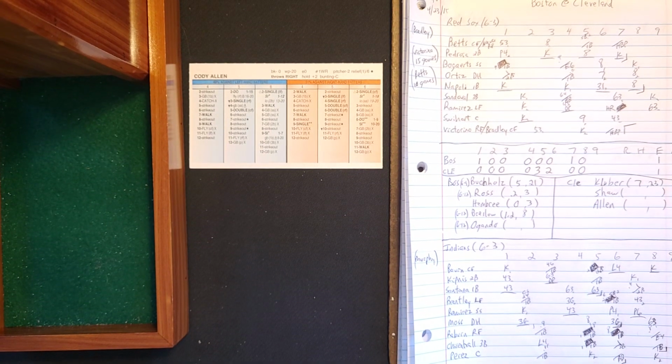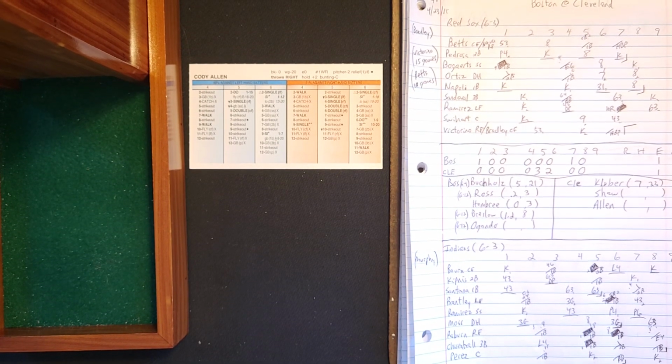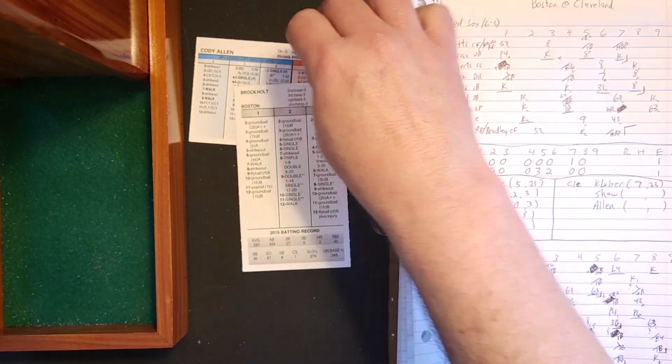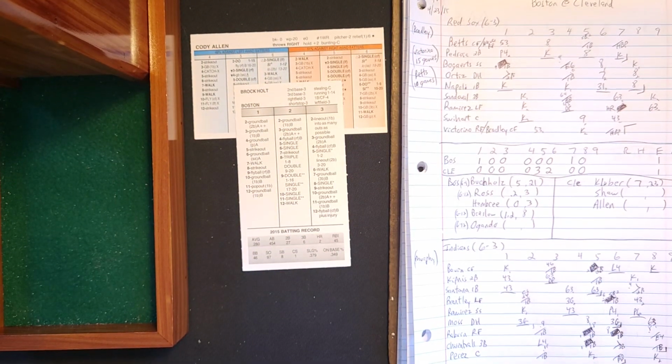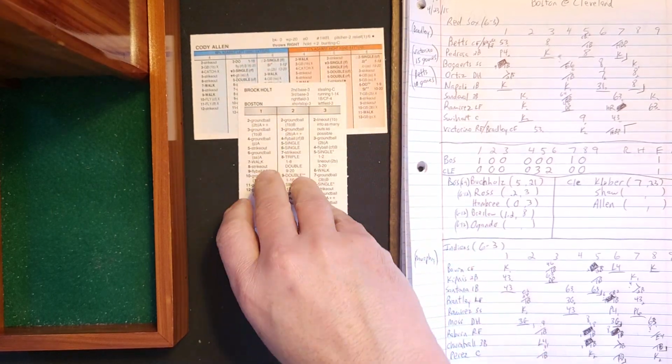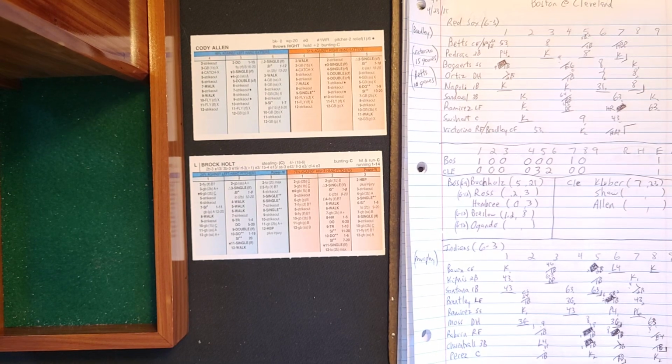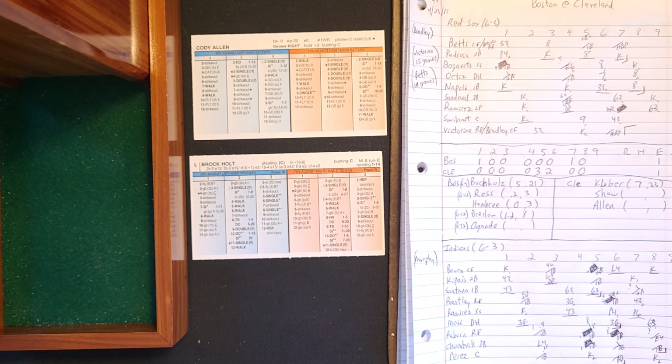Blake Swihart is your scheduled hitter. He is 0 for 3, so they will bring on Brock Holt to pinch hit. Brock Holt, in real life, for the Red Sox, was a .280 hitter with 2 home runs. But since Swihart was 0 for 3 in his season debut, they figured maybe it's time to bring in a better hitter. And Brock Holt is the choice.